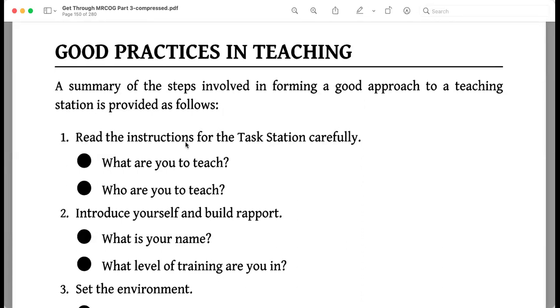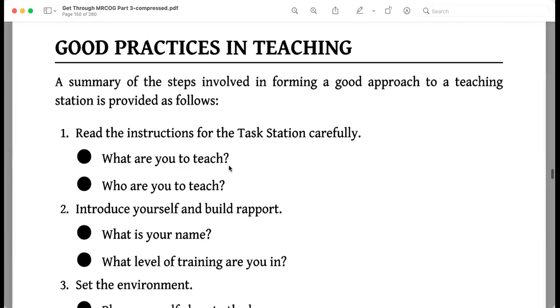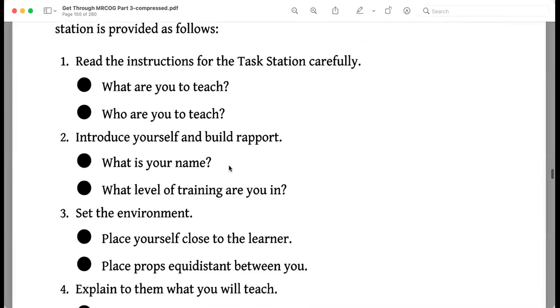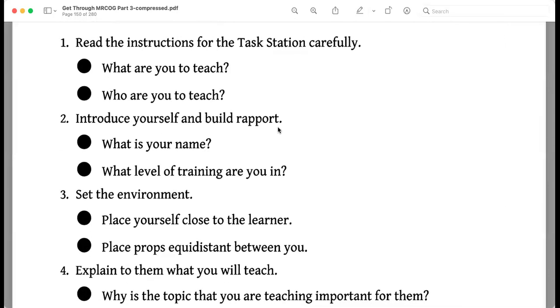So read the instruction for the task station carefully. What are you to teach? Very important, because my friend, sometimes he will ask you for a particular part of the topic. For example, he doesn't want you to teach small for gestational age, but he wants you to explain a particular part to the student.